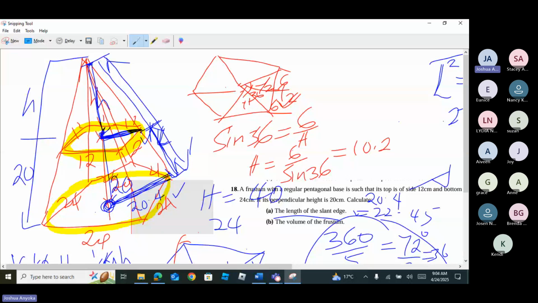So once we have 10.2, we need the area. It is the area of one triangle times 5. So the area would be equal to 5 into a half times 10.2 times 10.2 times sine 72. The whole of this angle is 72.